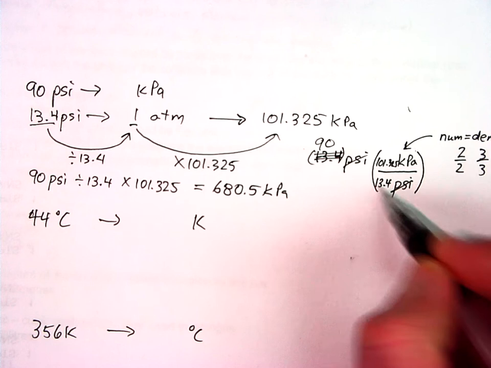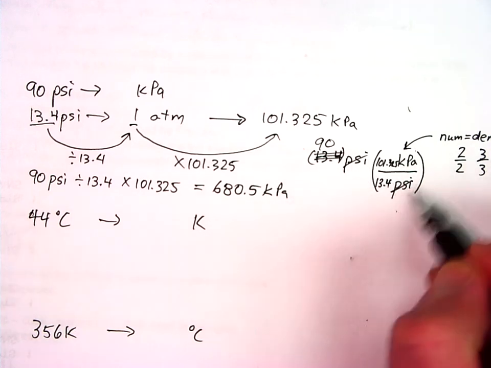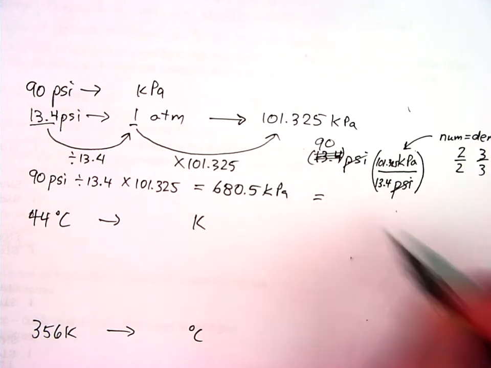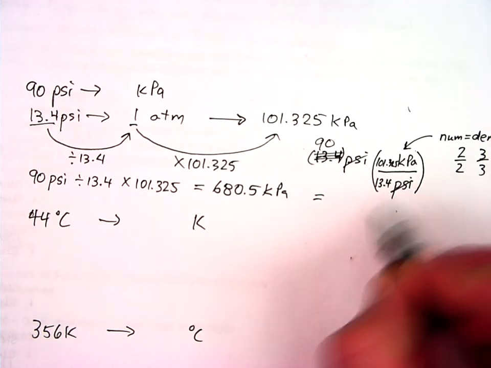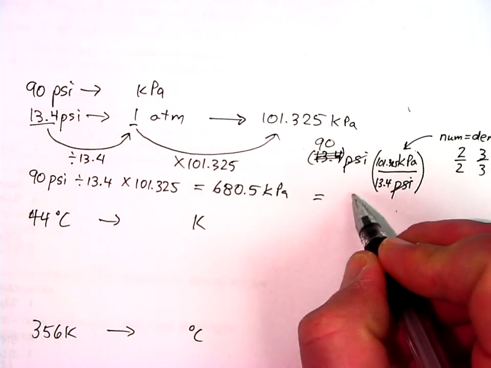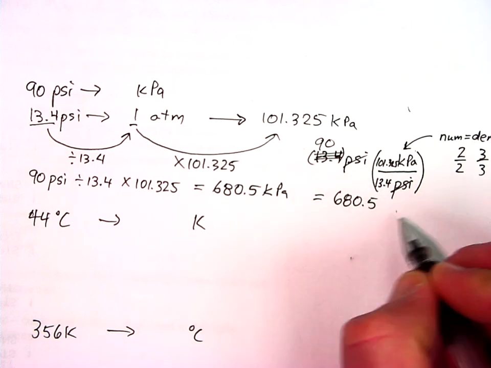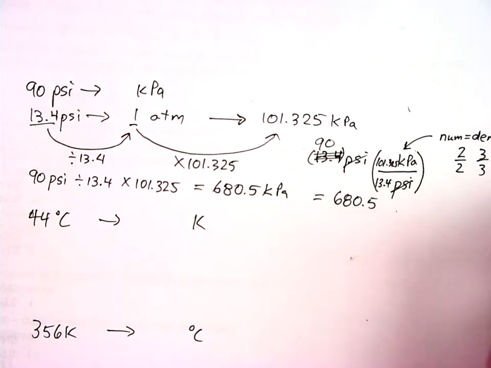This is the exact same math. It's just everything's contained in this one unit factor label. So it's 90 times 101.325 divided by 13.4. That's going to give me 680.5.